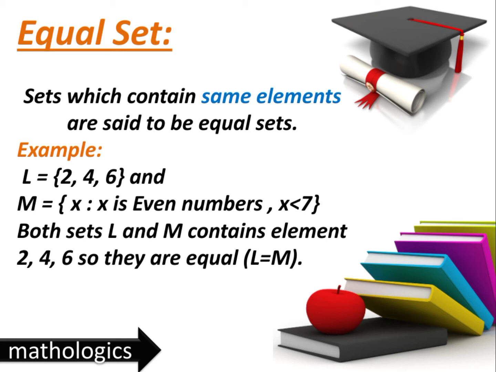So, we know that the even numbers less than 7 are 2, 4 and 6. So, set L and set M have the same elements, that is 2, 4 and 6. So, we say that set L and set M are equal.